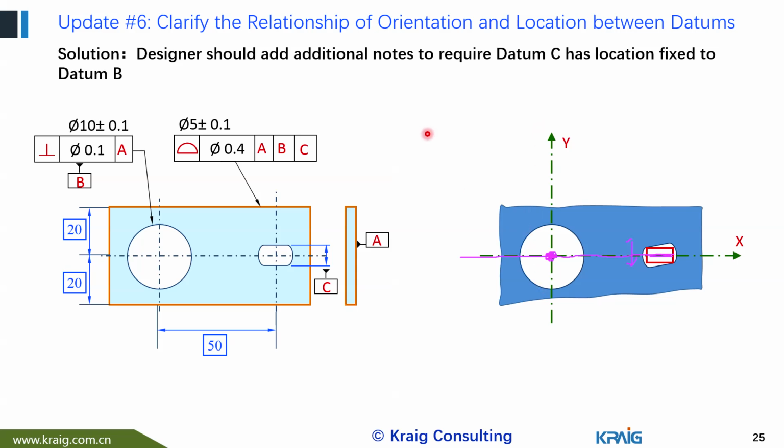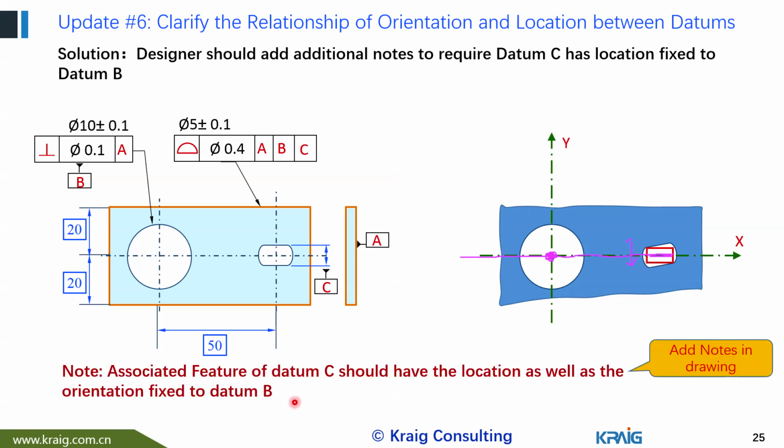In that case, the new standard allows you to add a special note in the joint to tell that you would like datum C to have the location as well as the orientation fixed to datum B. So the key thing here is you manually add location requirements from datum C to datum B. This will solve a lot of problems, because if the location requirement is not there, quite a lot of times you use the short feature of datum C, you're going to get a lot of error here.